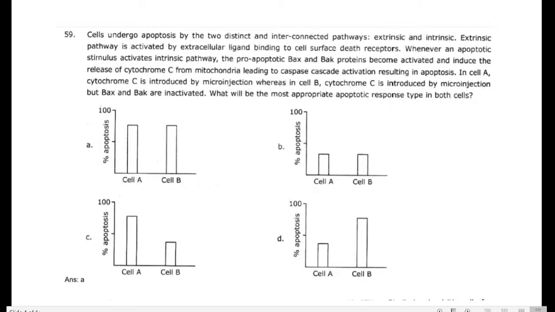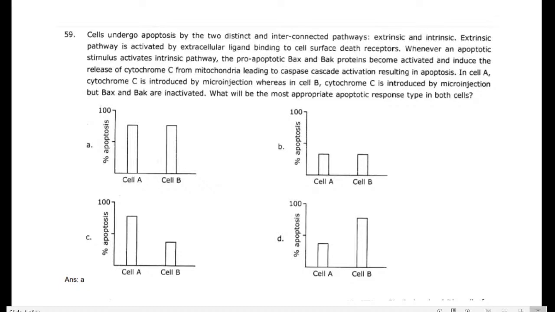The cytochrome C is injected, but there is no activation of BAX and BAK, they are in an inactivated mode. What will be the most appropriate apoptotic response? They injected the cytochrome C into both cells. A very easy and interesting question.